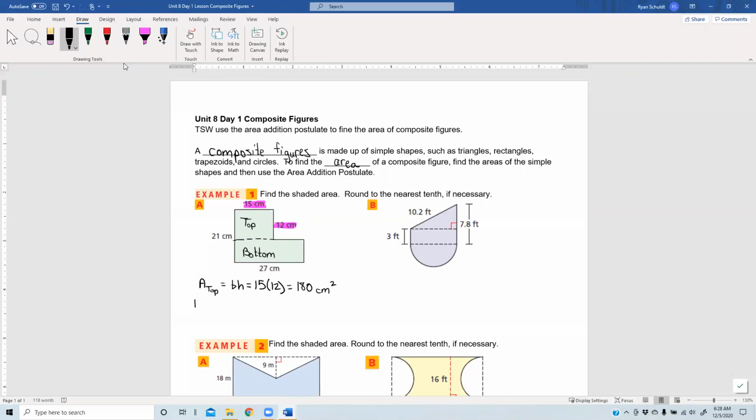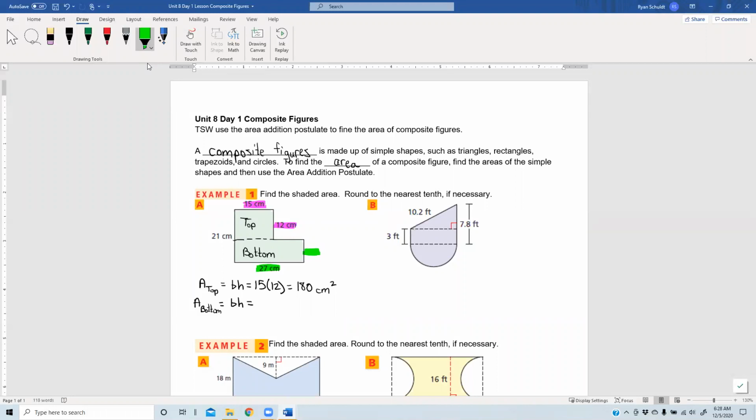Now I've got to get the area for the bottom shape. The bottom shape's another rectangle, so I have to do base times height again. Well, let's see about that one. This one is 27, but I don't know the height over here.